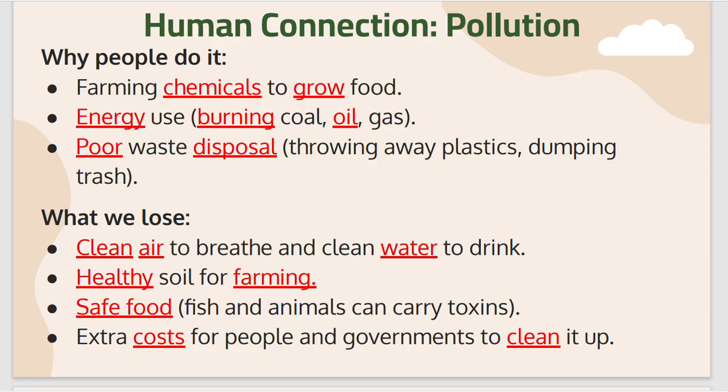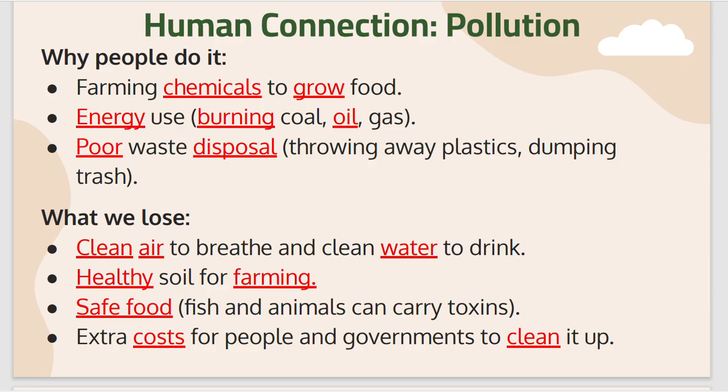This is known as runoff, and this can cause pollution to occur in the soil and in water and to enter our water cycle. So sometimes we're not trying to pollute those specific areas, but because of our cycles and the flow of matter, it can cause that pollution to enter new locations.